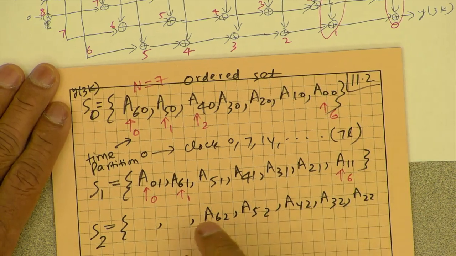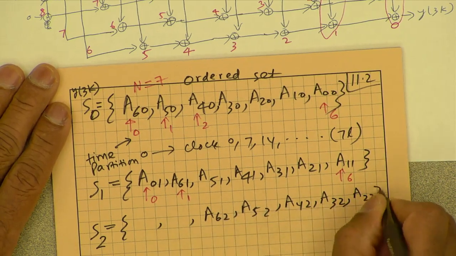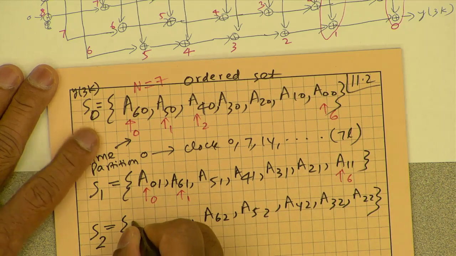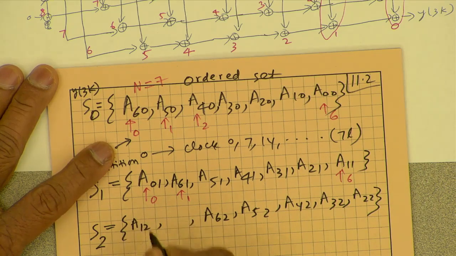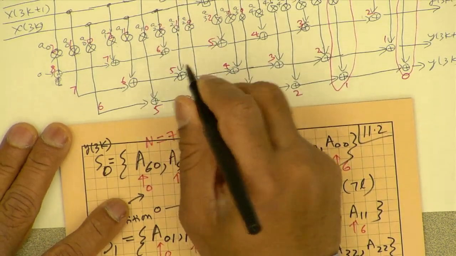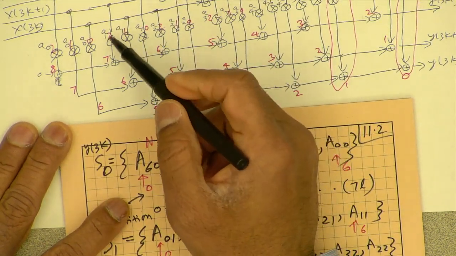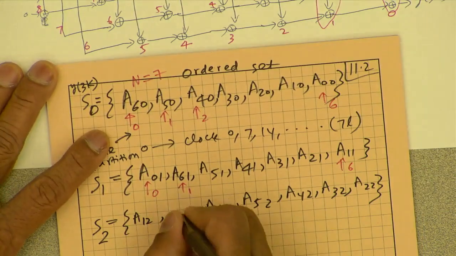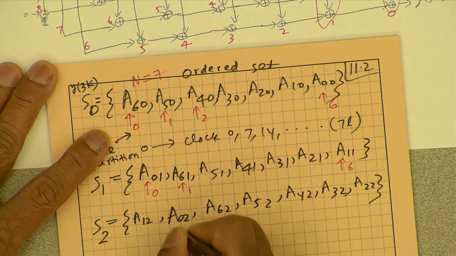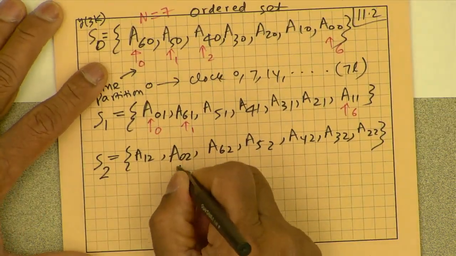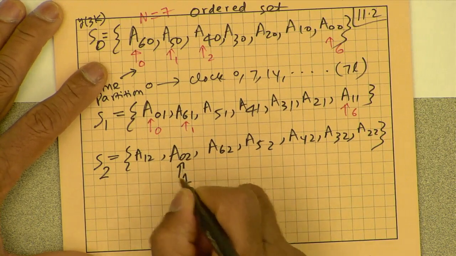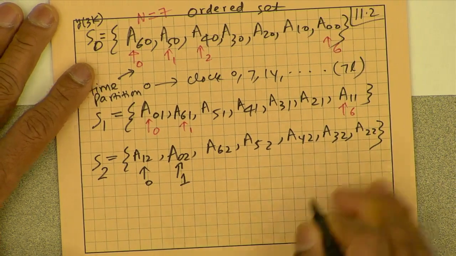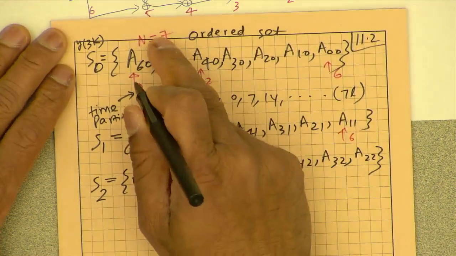So that's clock cycle 2, 3, 4, 5, 6, and then 7 is 12. So 12 is clock cycle 7, and 02 is 8. Even though this is clock cycle 8, we take that as time partition 1. So you divide 8 by 7, periodicity is 7.